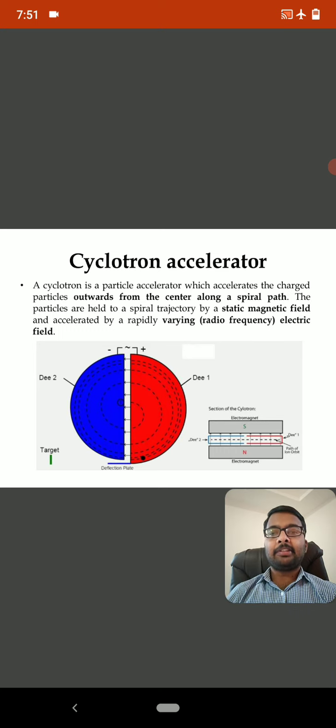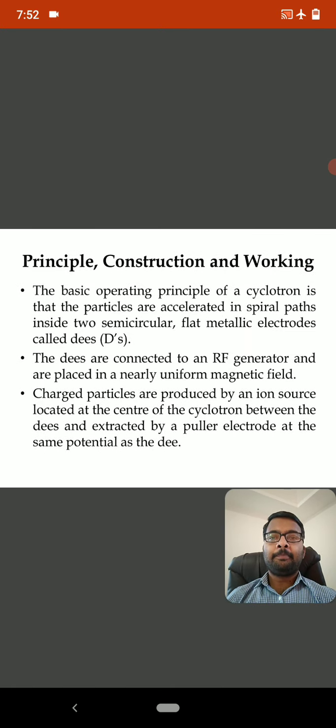And at last, after moving in a spiral trajectory, at the periphery, that is the outer surface of these two Ds, we can extract high energy charged particles with the help of a deflection magnet towards the target in the experimental chamber. So this is the construction of this cyclotron accelerator.